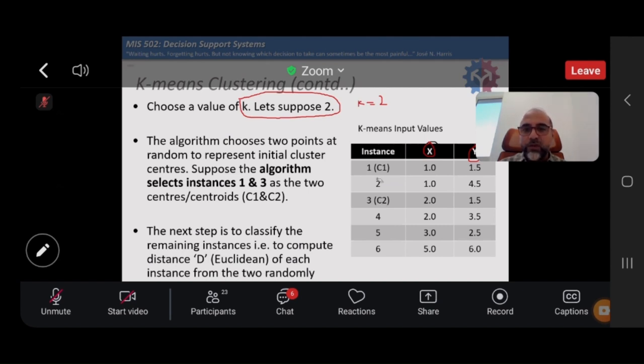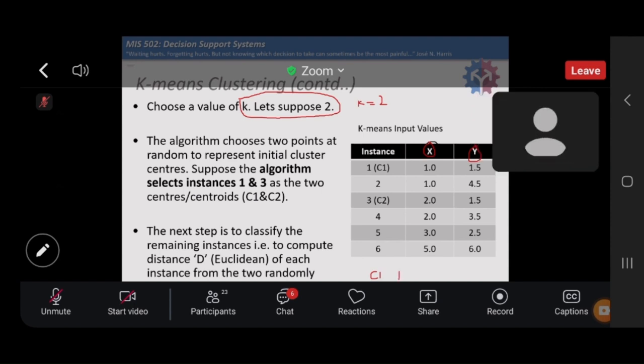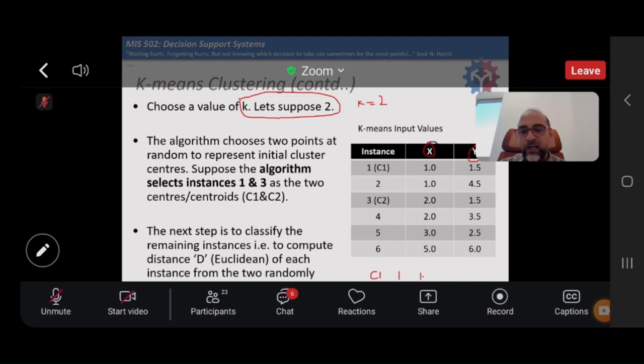So once the random points are done, who can tell me the coordinates for C1? What are the x comma y coordinates for C1? 1 and 1.5. You must understand that point 1 on itself is there, but on top of it we have considered another point called C1, which is the center.